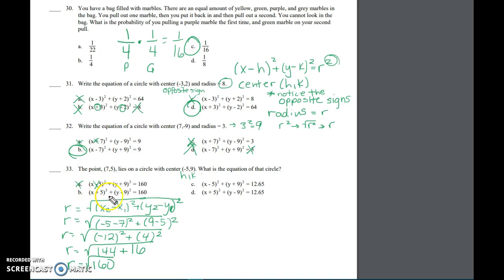That is on B. No, C is not a positive 5. That is on D. I do have a negative 9 on both. If my r is the square root of 160, then in the equation I need to square it, which is going to eliminate the square root sign. So it is going to be 160 for r squared. And that's going to give me B as my answer.